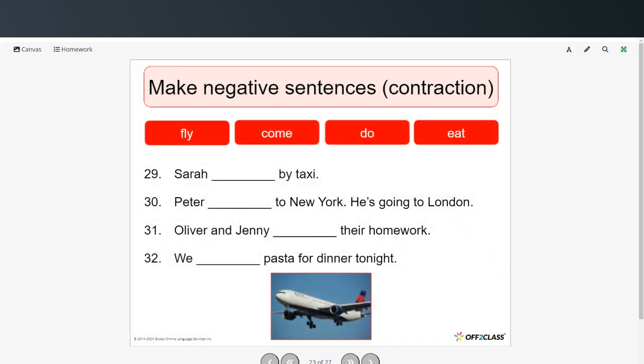Right, now make some negative sentences using a contraction. Sarah isn't coming by taxi, or we could say Sarah's not coming by taxi.